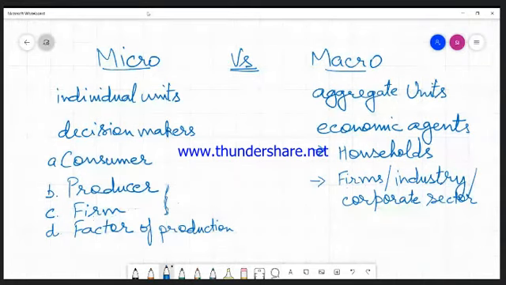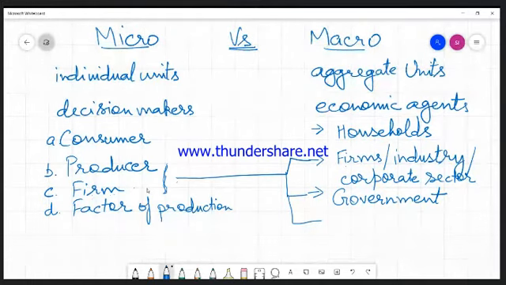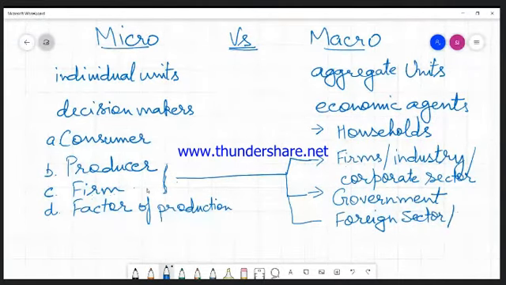But here you take another group which is government. So now among these producers and firms, you are classifying them as firms and government. And then there is a third situation where you are calling it foreign sector or external sector.